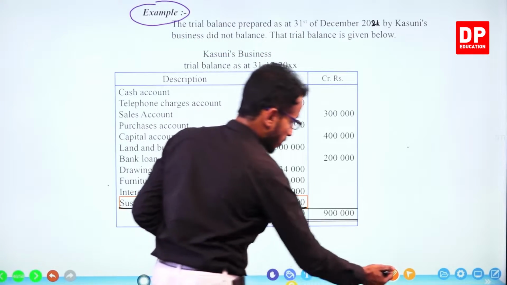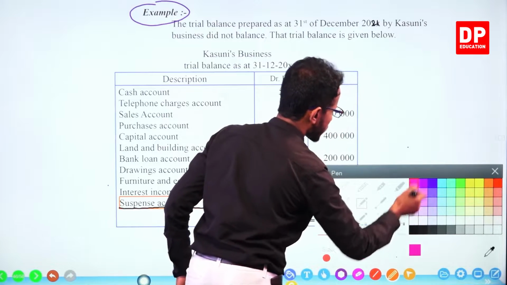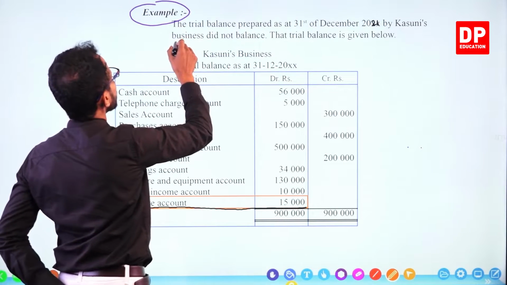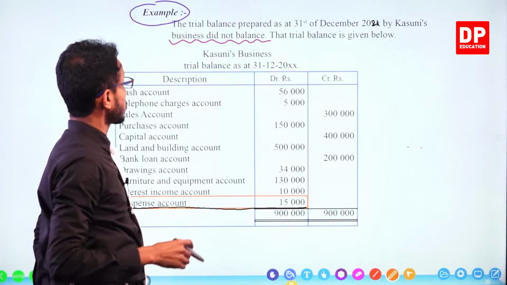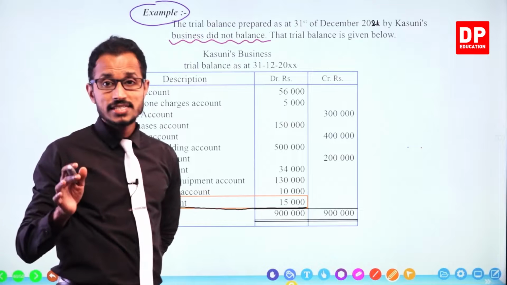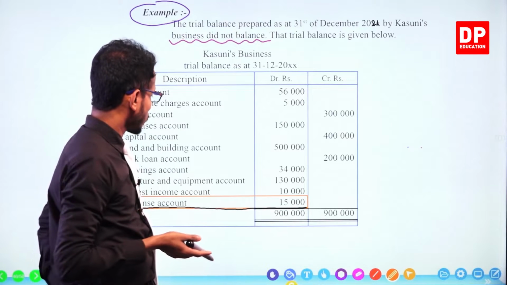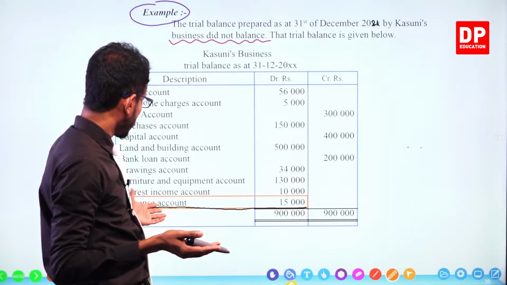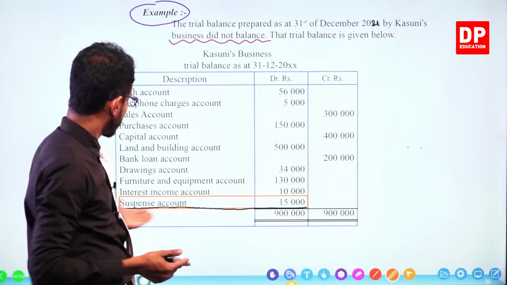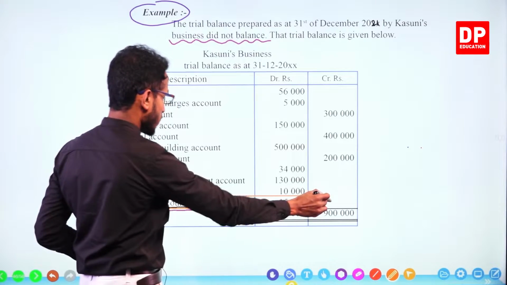We can actually guess that it must have not been balanced because there's a suspense account here, right?